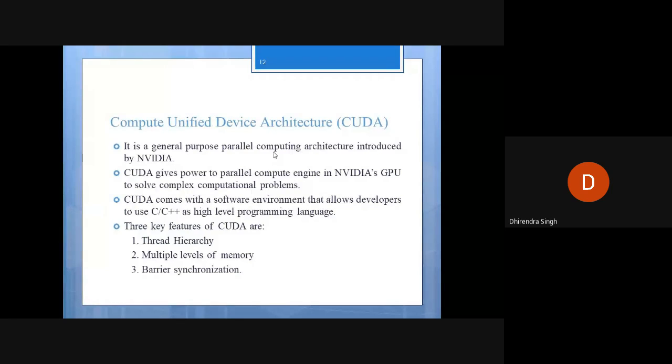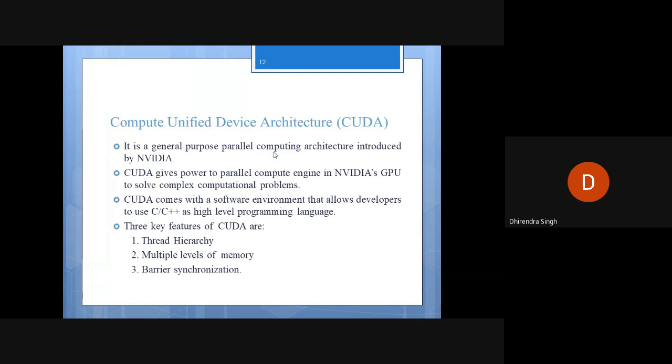For that purpose, some programming languages or programming environments are available today. One of them is CUDA. I have told you one of them is OpenCL, that's the open source one.